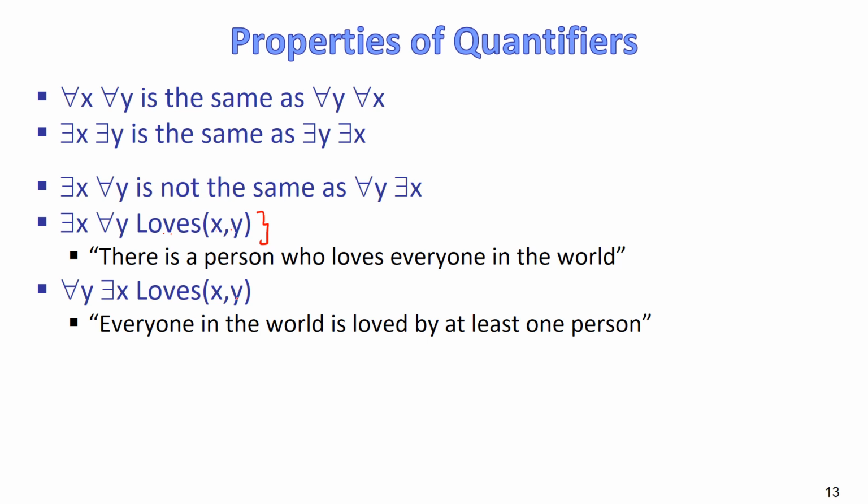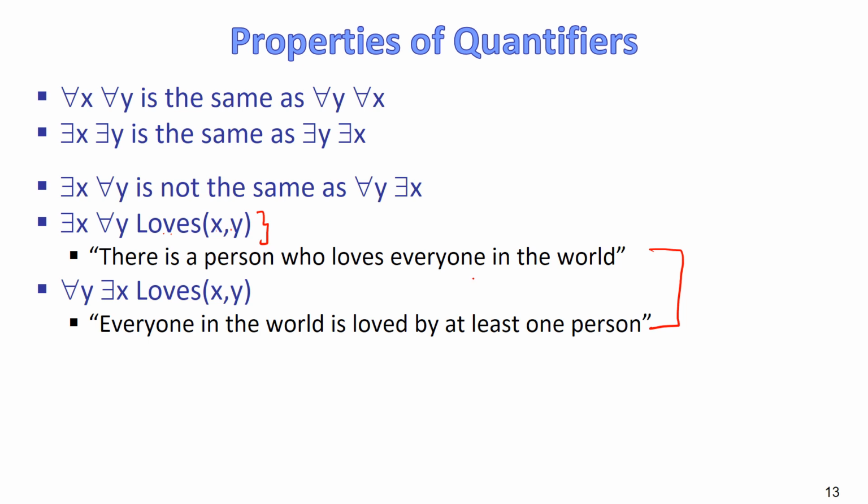By someone means at least someone. Someone can be one or more, yes, but the point here is that these two sentences are not the same. There is a person who loves everyone in the world.